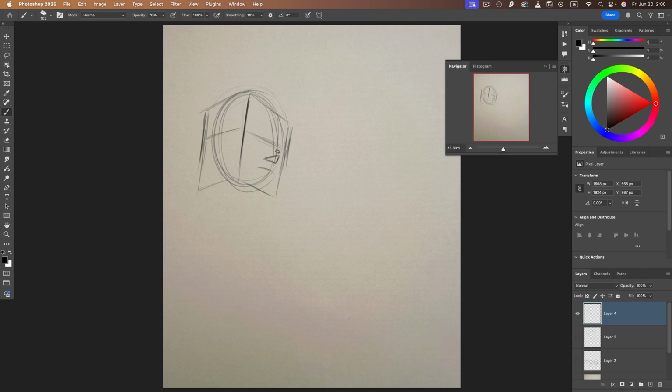Okay, and then you can put this for the brow. Okay, all right, jaw. Sorry, cheekbone. Sorry, ear is going to be back here.